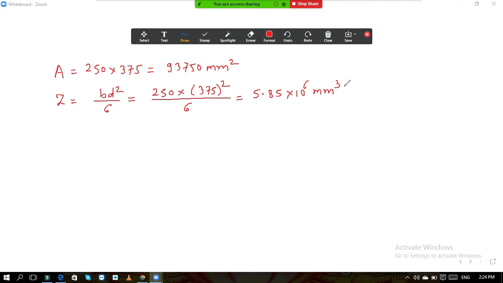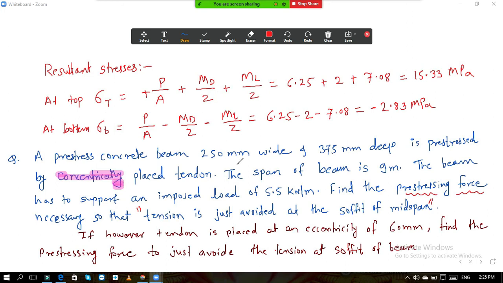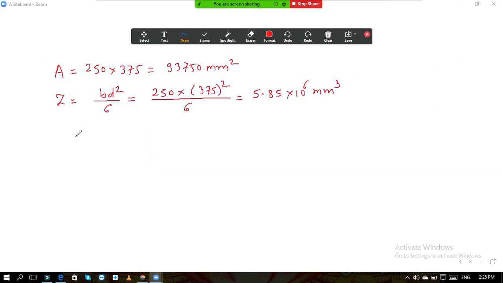Now calculate the bending moment. So what is the bending moment now? Here you can see cross-sectional dimensions, imposed load and live load are given. So dead load we need to calculate. Dead load of beam: how much is it?